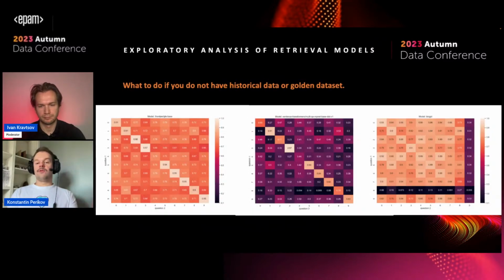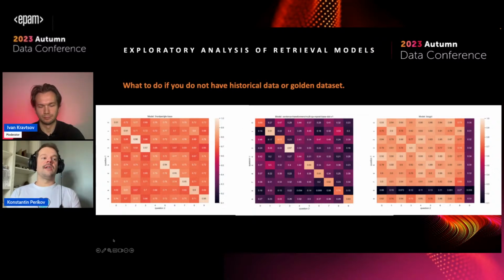And we could provide heat maps, and I could just give you an idea of what you want to take a look at. Once again, this is something for when you don't have historical data or a golden data set that you could measure quality upon. In this case, one of the classical intuitions is that your diagonal should be as close to 1 as possible, because these are exactly the same questions, just paraphrased.